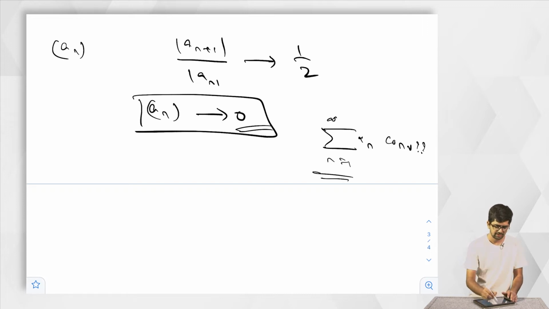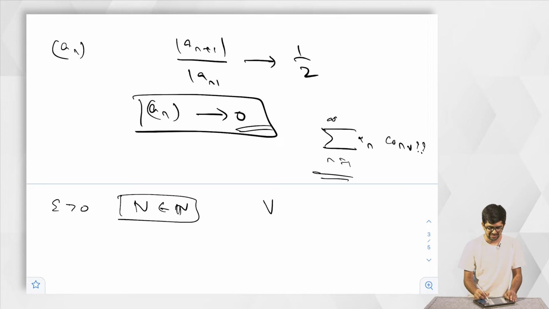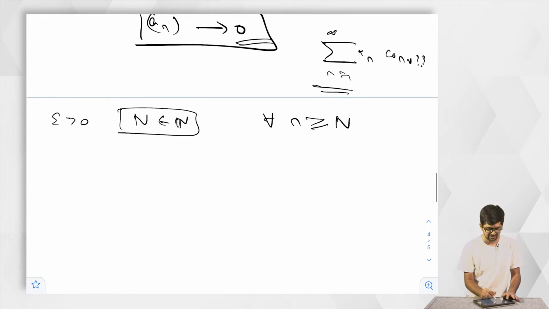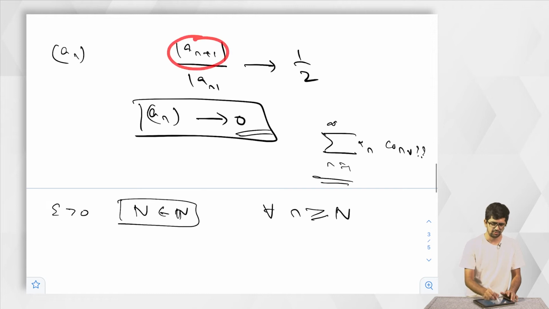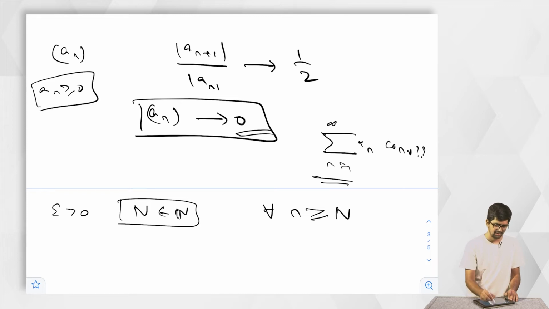So what does it mean to say this goes to half? Whenever epsilon positive is given, there exists N such that for every n greater than or equal to N, we have, see, I do not want to write down the modulus every time. So I am assuming that the series is non-negative, that a_n is always positive, otherwise you need to put mod, which I do not want to do.